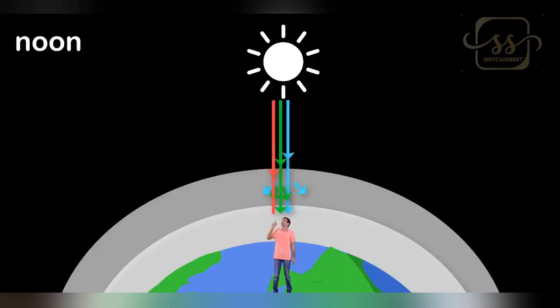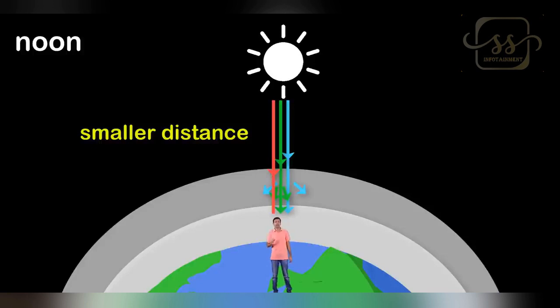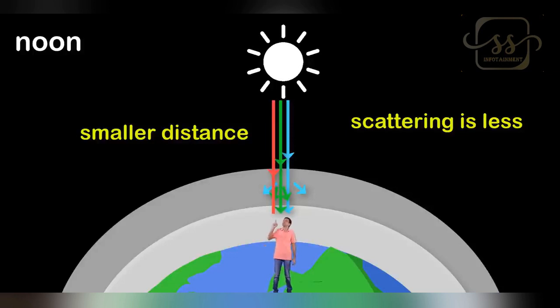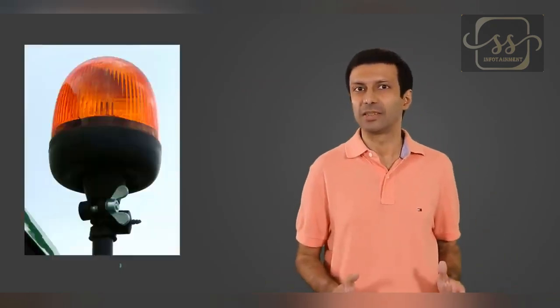Since sunlight has to travel through a much smaller distance, the percentage of blue and green color that's scattered is very small. So all the colors of the sunlight reach our eyes. The difference in intensity of the different colors is small, and that's why the sun appears white to us at noon.